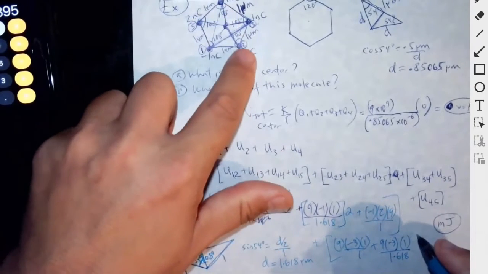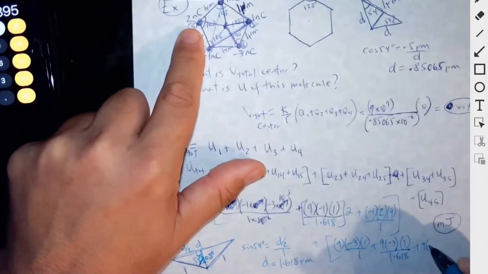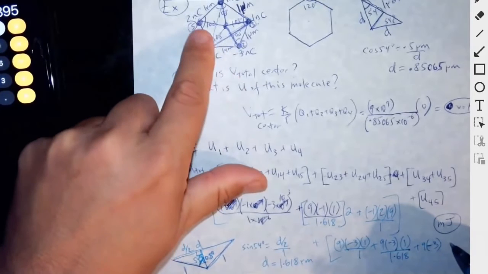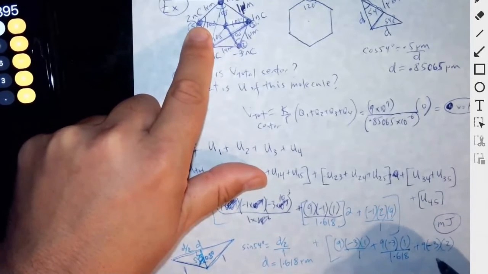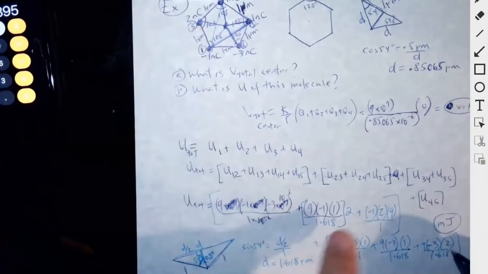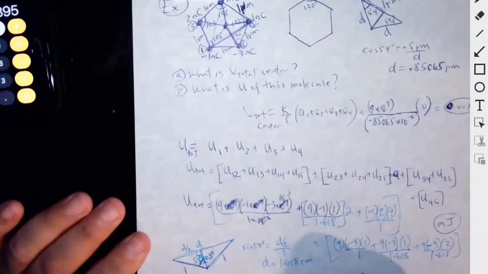Okay, and then this with this, 9, negative 3, and 2, over 1.618. Now it's getting easier because we have less energies to account for.